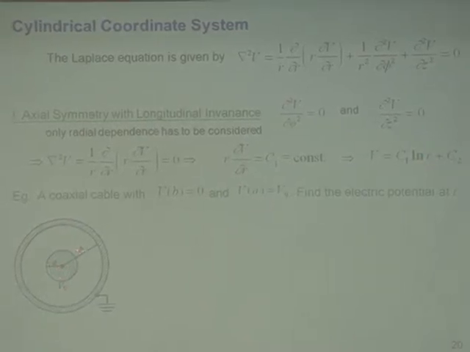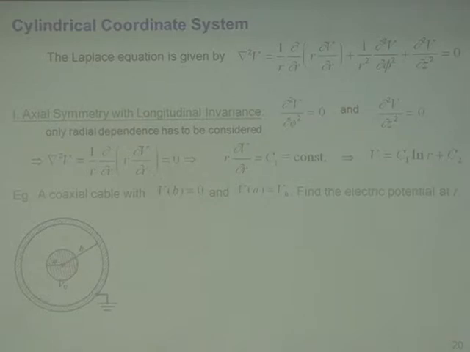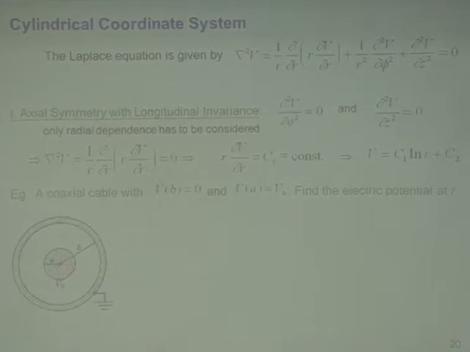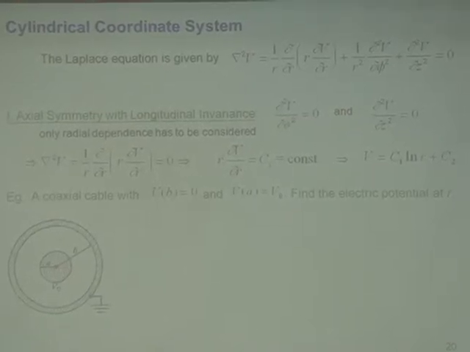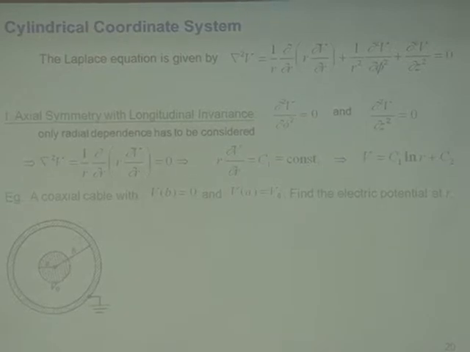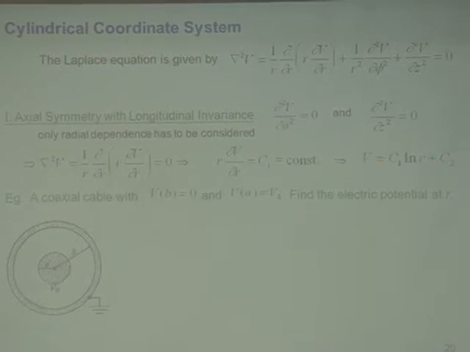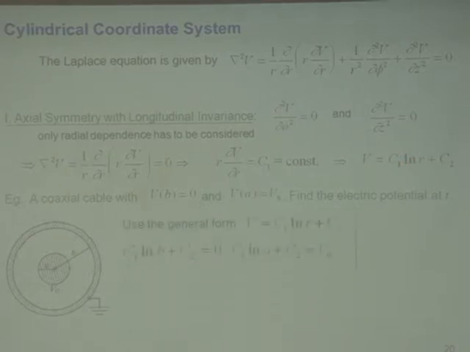For r equal to b, you have zero potential. And again, two equations are going to allow you to solve for two variables, c1 and c2. So it's not a surprise that you get this result.